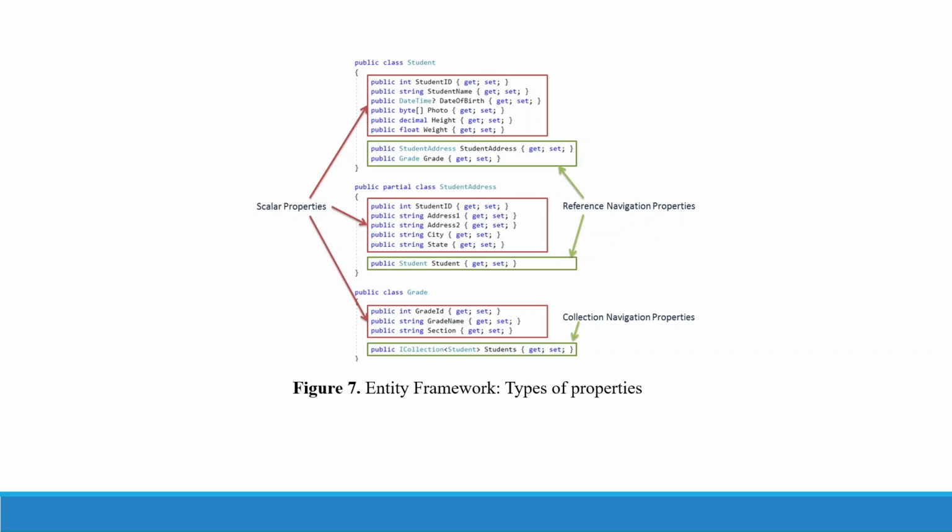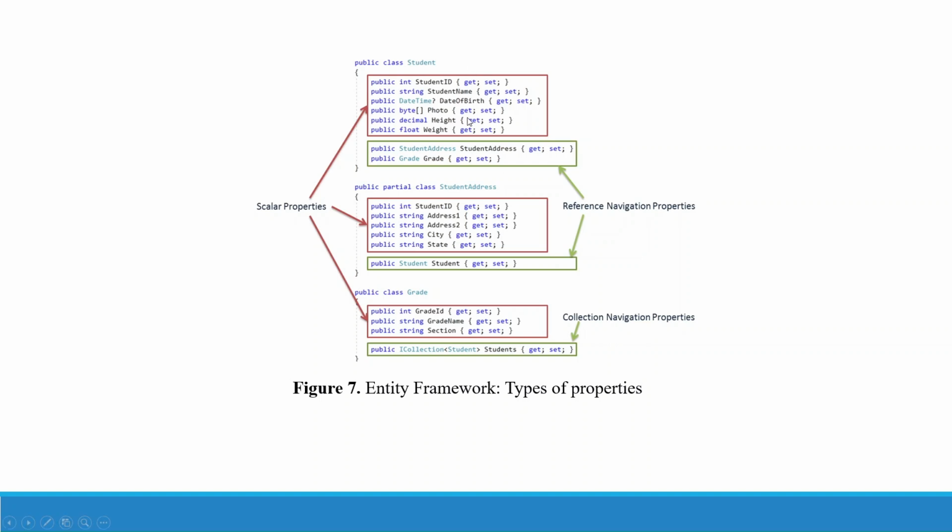And we can also have many to many. For instance, maybe the relationship between students and courses, like a course can have more students attending, and one student can attend more courses. Okay, so this is the many-to-many relationship. If we take a look here in figure 7 again, in the green rectangles, we can see these navigation properties.